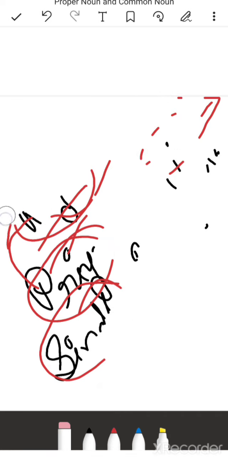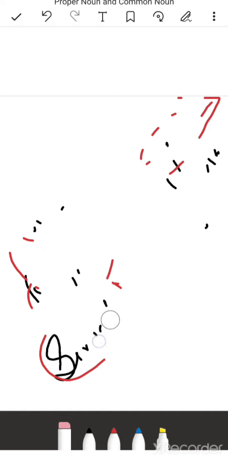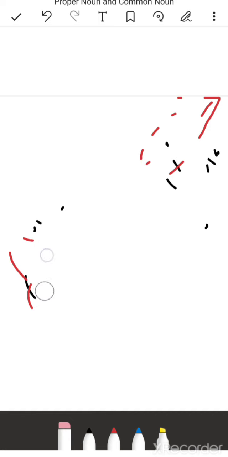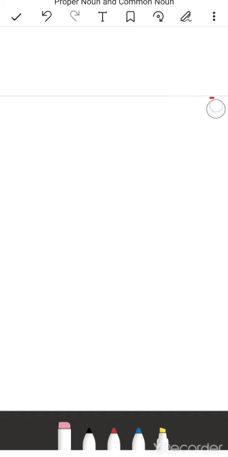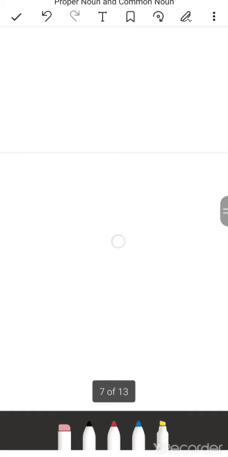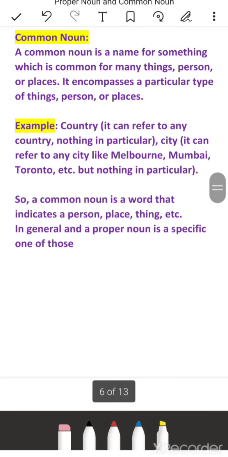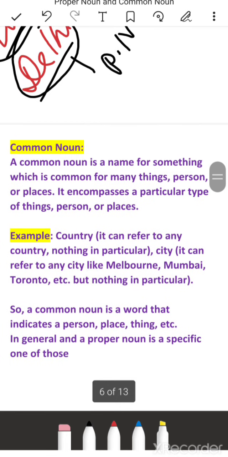Simply remember that a common noun is the name given to some person, place or thing that can be shared by all of the same kind or class. Got it? So a common noun is a name for something which is common for many things, persons or places. It encompasses a particular type of thing, like girls. Riya is also a girl, Priya is also a girl. Got it?